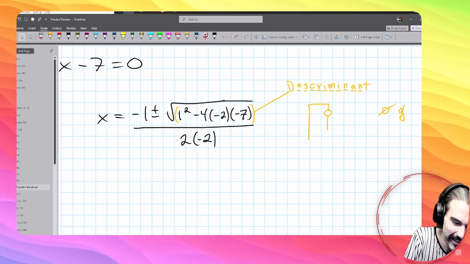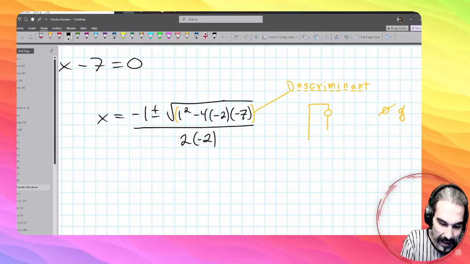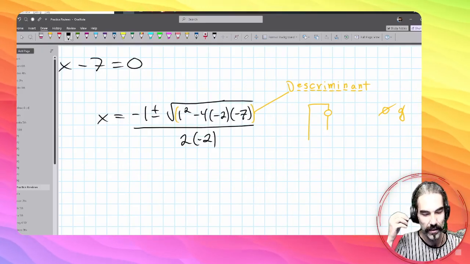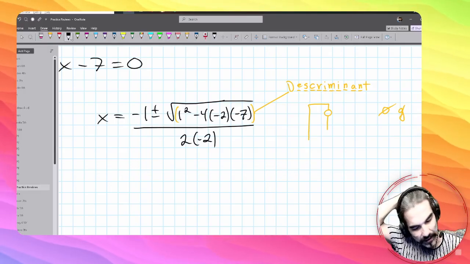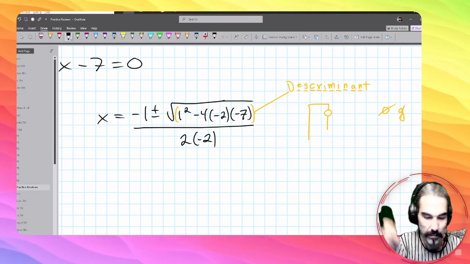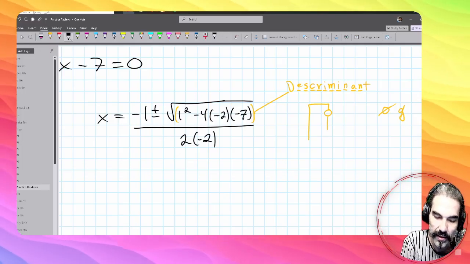All right, discriminant it is. So that told me exactly what I was thinking. What's the discriminant telling me? You can use the quadratic formula right off the bat, or you can just test it on its side.